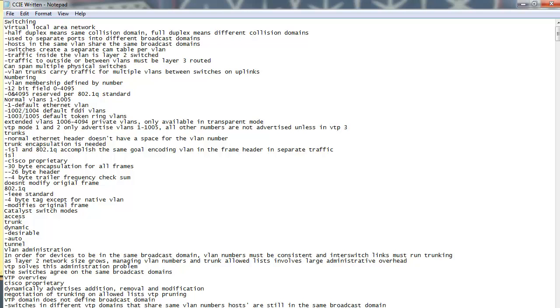You don't have to be an expert in every little thing. You don't have to know specifics about DTP, dynamic trunking protocol, and the different modes that come into play with dynamic desirable versus dynamic auto. So the few things you're going to have to remember are to know the bulk of the major information. Now, they may ask you some specifics.